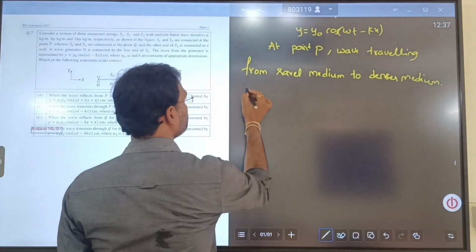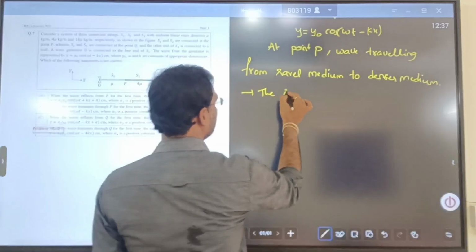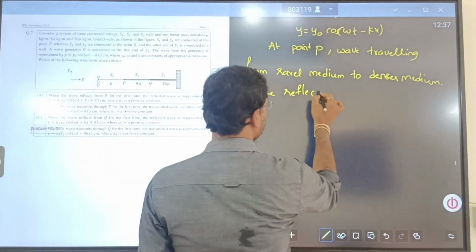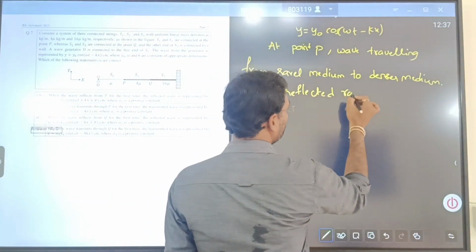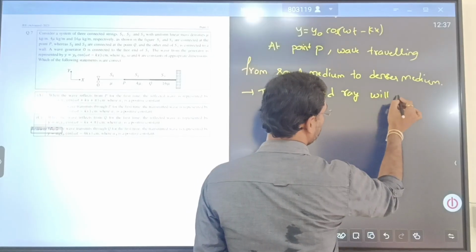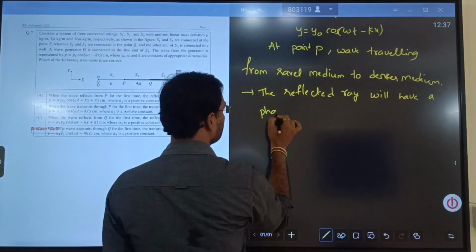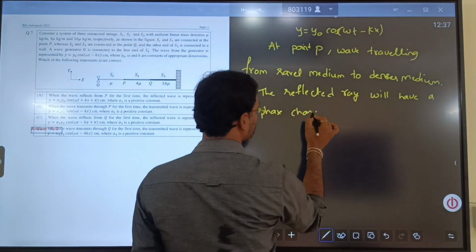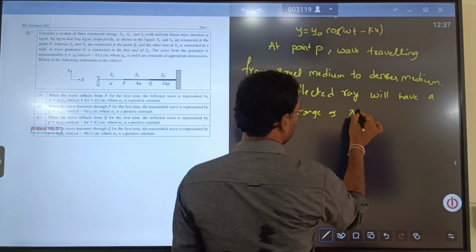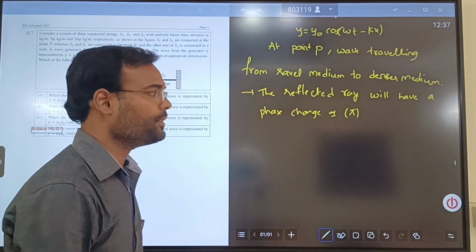That means the reflected ray will have a phase change of pi.